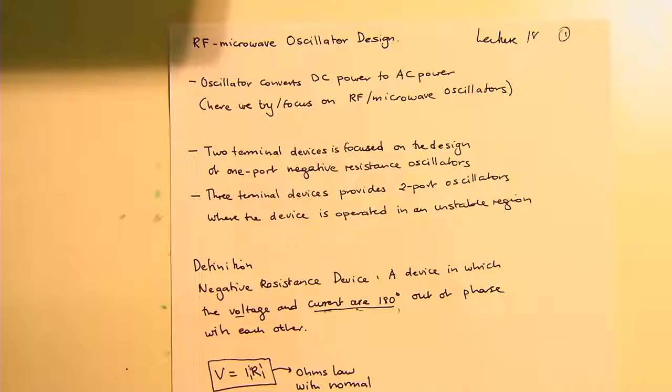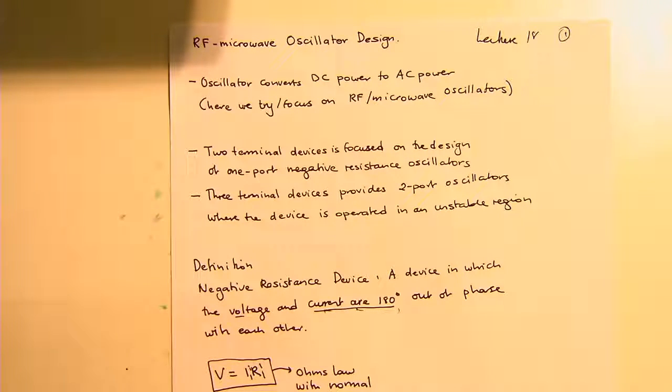It's not part of this course, but what you need to know is that to get sustained oscillation, you need a negative resistance, with a phase difference between the voltage and current of 180 degrees. If you work out the closed loop transfer functions and things like that, you'll be able to convince yourself that that's the case.